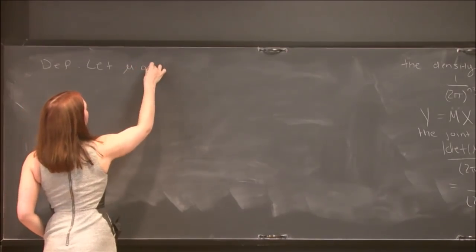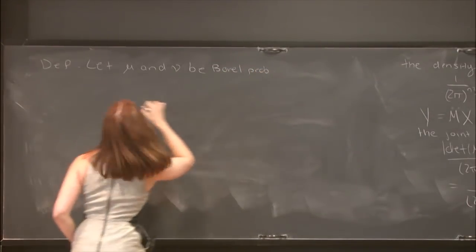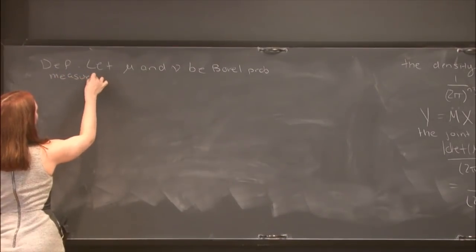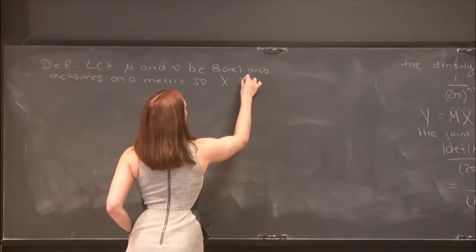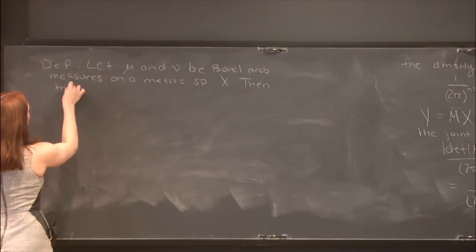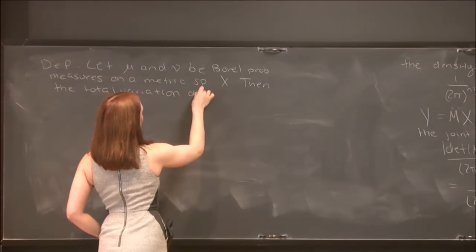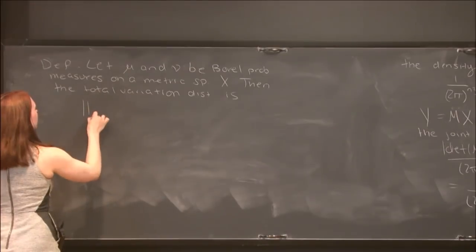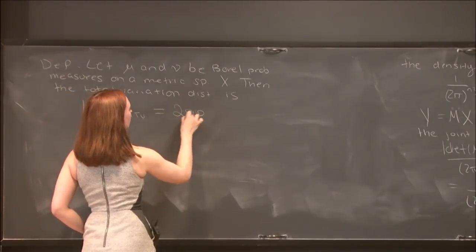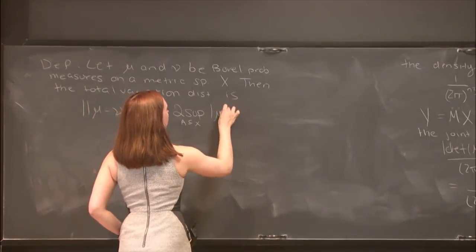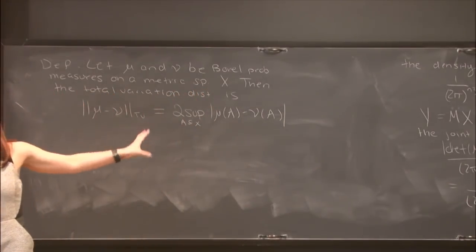We let mu and nu be Borel probability measures on some metric space X. Then the total variation distance between mu and nu, which I'll denote as a norm sub TV, is defined to be 2 times the supremum over all A contained in X of the absolute value of mu(A) minus nu(A), where the supremum is taken over all Borel measurable subsets.